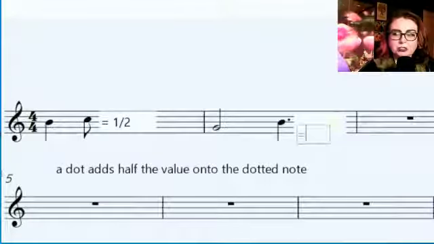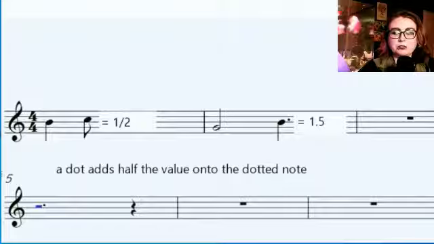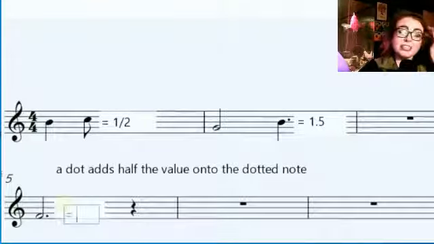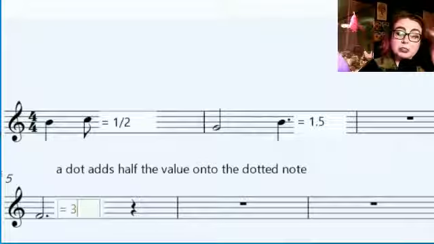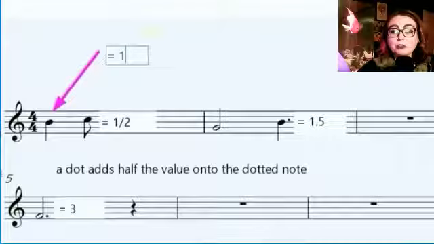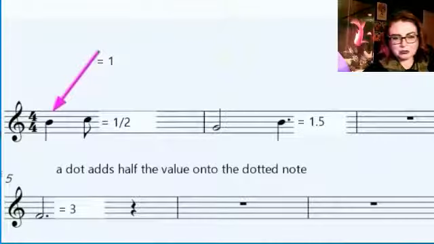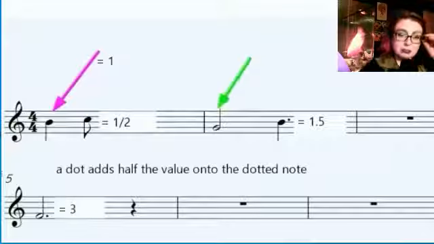So that crotchet, if a crotchet is 1 beat and you put a dot on, it becomes 1.5 beats. So in both these equations, in the 4/4 and the 3/4, the quarter note represents 1. I know quarter equals 1, but bear with me.